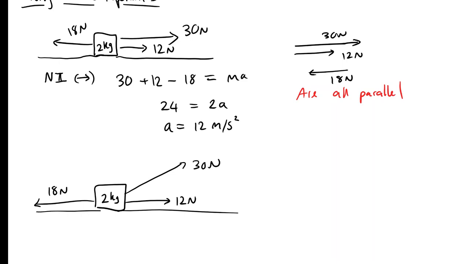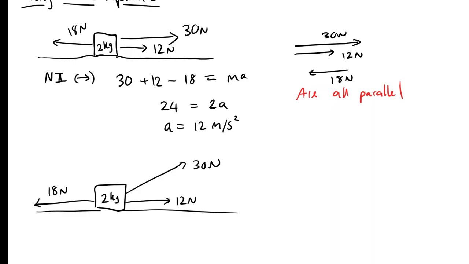Intuitively we know that's not going to be as effective at sliding this along. Or if you want to pull something towards you, you pull it straight towards you. You don't pull it at some angle, up over your head or down towards your feet. You're not going to be as effective. The same with this 30 Newton force. It's now not going to be as effective as it was in the first situation.